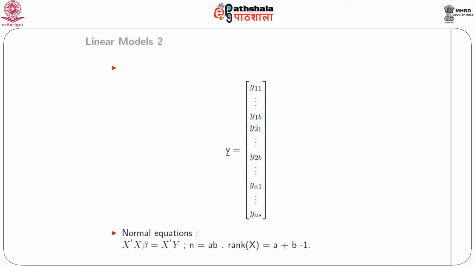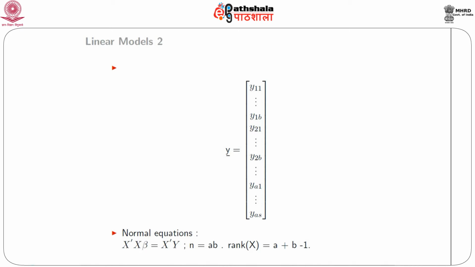Now, the normal equations, we all know about normal equations by now, are X transpose X beta equal to X transpose y. The capital X here is same as the little x that we saw earlier, but remember that capital A is not same as little a, capital B is not same as little b, but capital X is same as little x, and n is equal to a b.